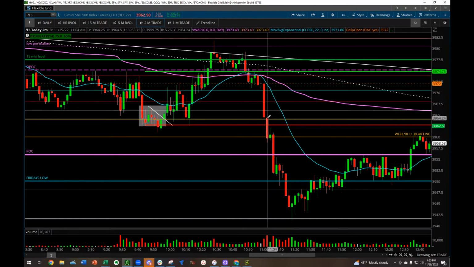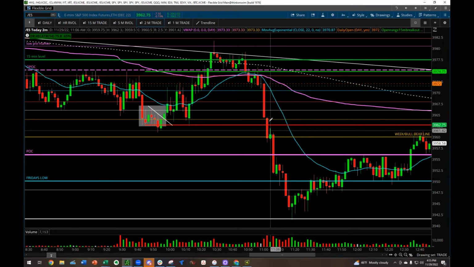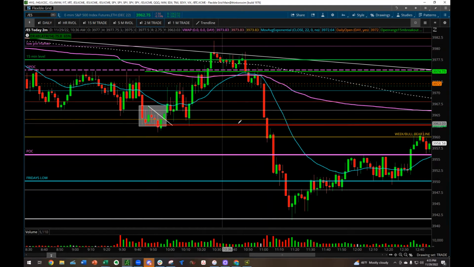A lot of professional traders will say this 2-minute bar is now my stop, the top of this bar, and of course price never gets there. Or you could use the initial balance level of the 15-minute, which was right here, which is a good one to use too if it's a level thing.